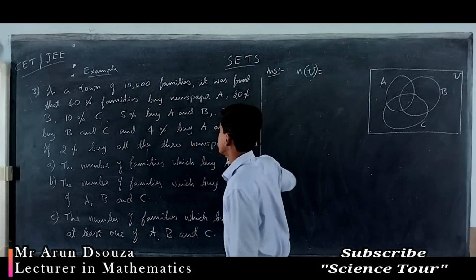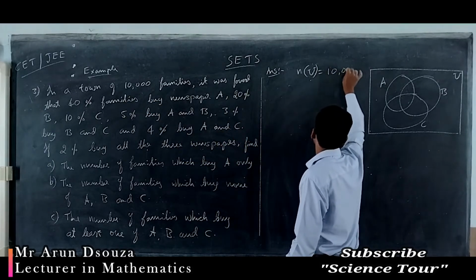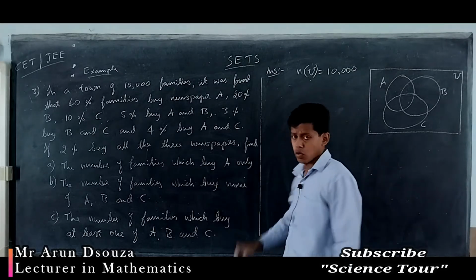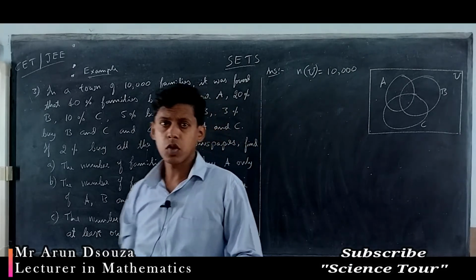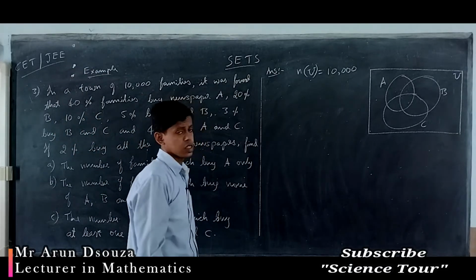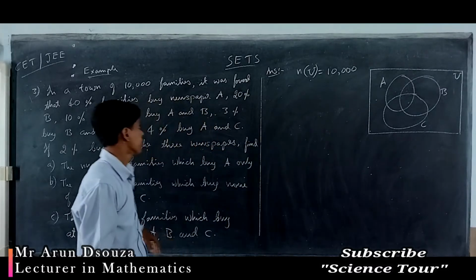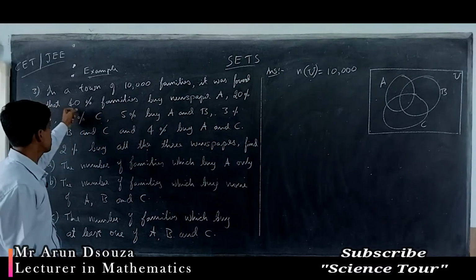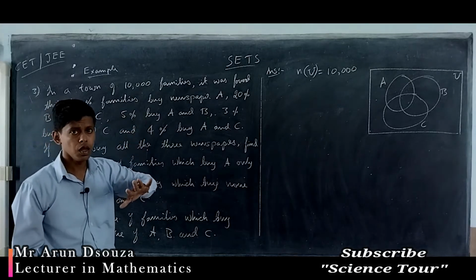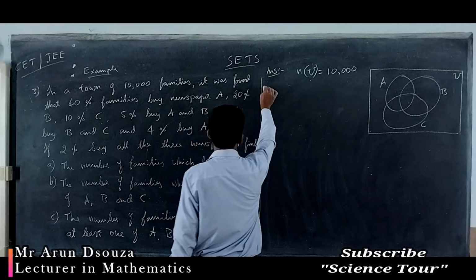In a town of 10,000 families, so there are 10,000 people in that town. So n of universal, the number of elements in the universal set, the rectangle, has 10,000 people. Now it was found that 40%, not 40 people, 40% of 10,000. So that should be kept in mind.